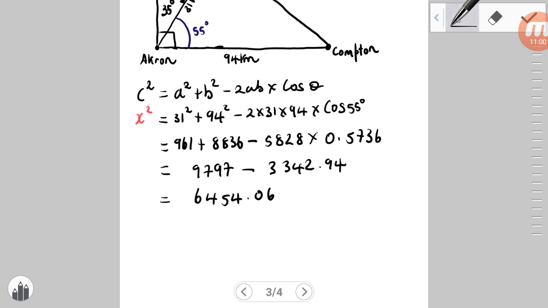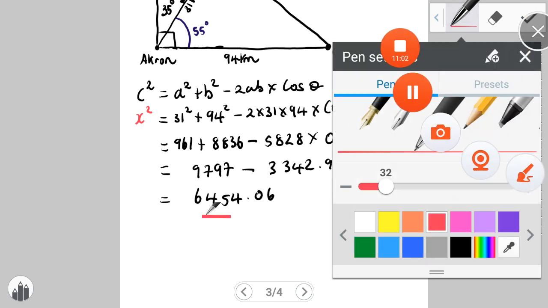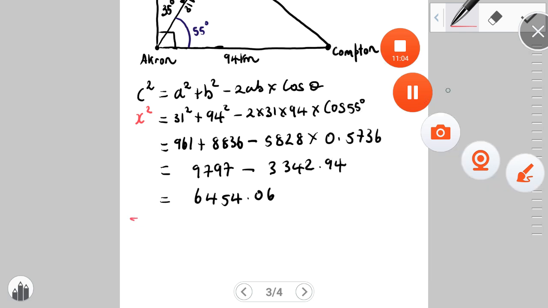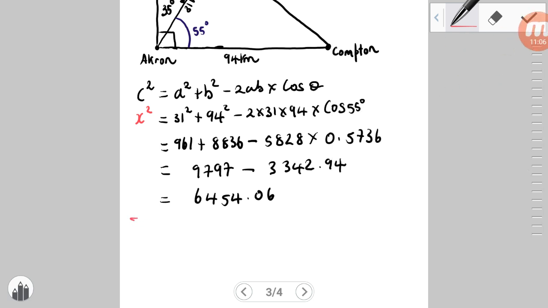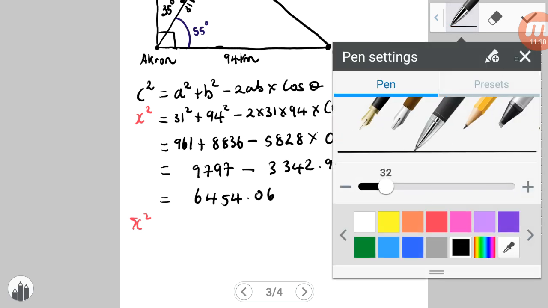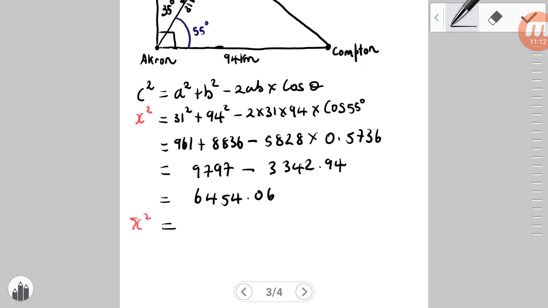So therefore we can say then that x squared is going to be equal to this. So x is going to be equal to the square root of 6,454.06.